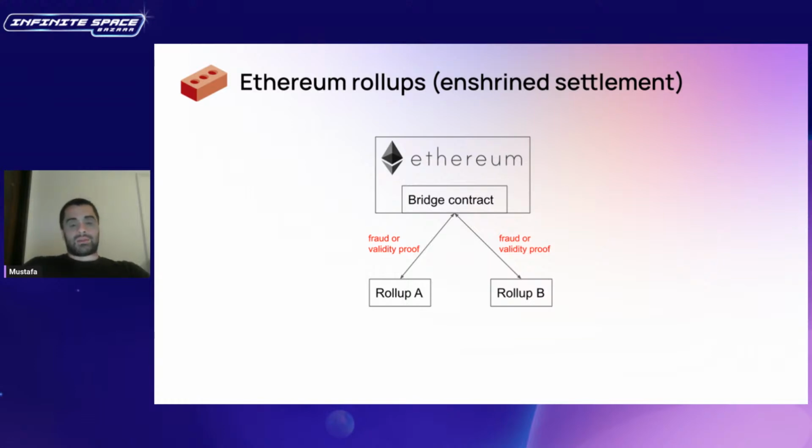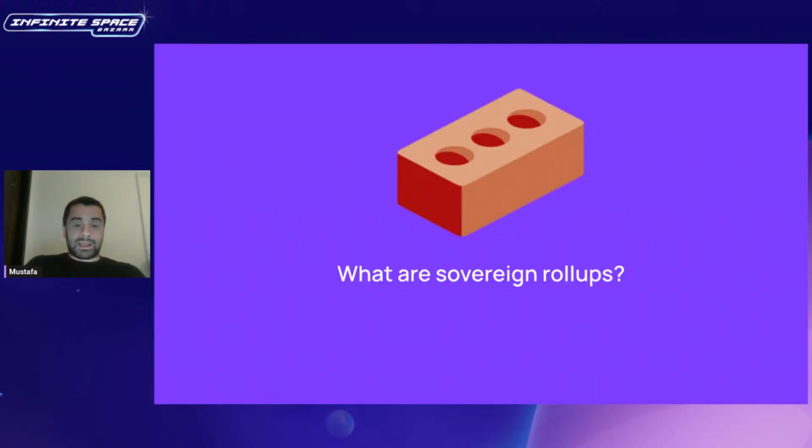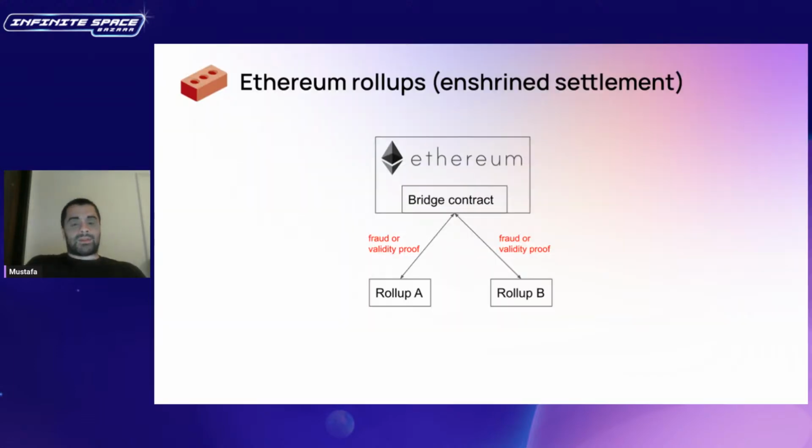The bridge contract receives the block headers for the rollup, and it can verify fraud or validity proofs. Ethereum, in this case, is acting as a kind of enshrined settlement layer. The reason it's an enshrined settlement layer is that the bridge contract on Ethereum is defining what the correct or canonical rollup chain is.